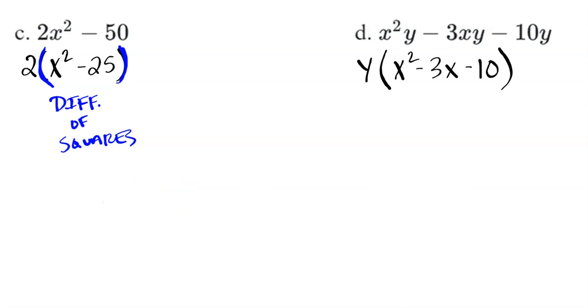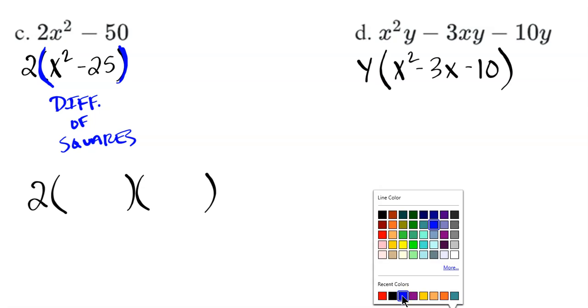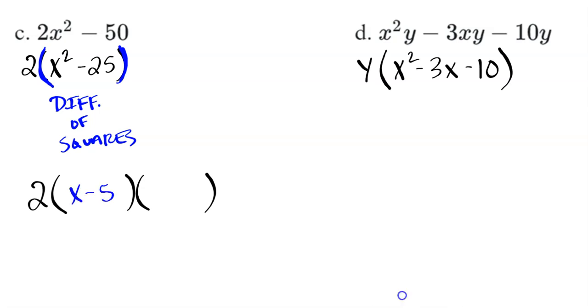So let me keep the same pattern going. So we have our 2. So we can recognize the difference of squares as x minus 5 and x plus 5, or x plus 5 and x minus 5. Some people like the positive first.